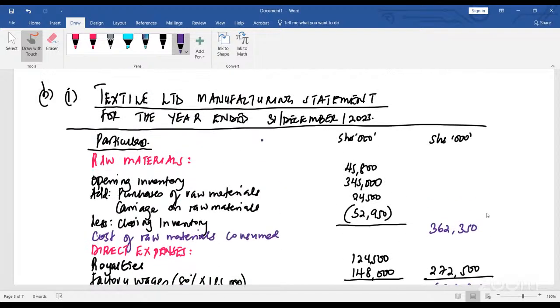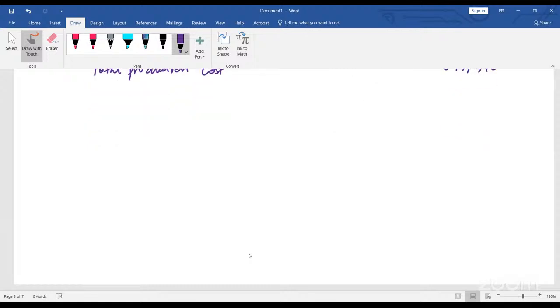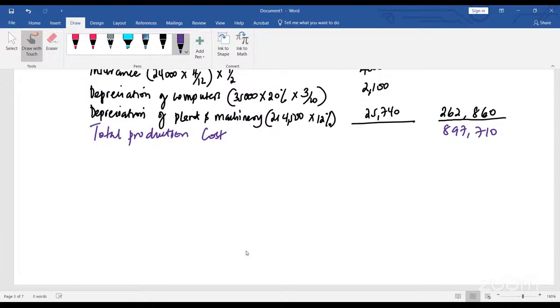So you see, that's our manufacturing statement: the raw materials, the direct expenses, the factory overheads. But we have to add the opening work in progress. We bring the work in progress at the start and add it. That opening work in progress, you find that in the trial balance.